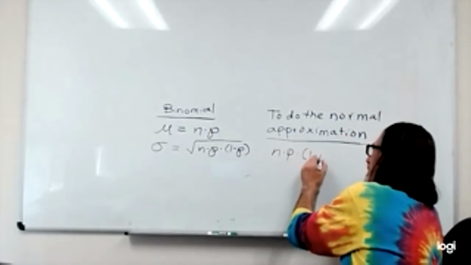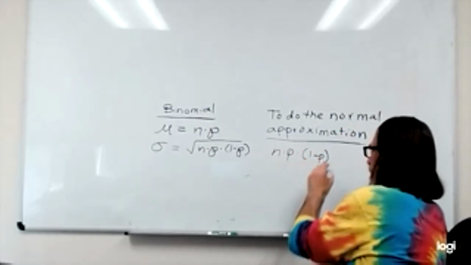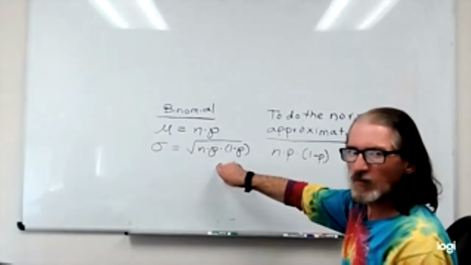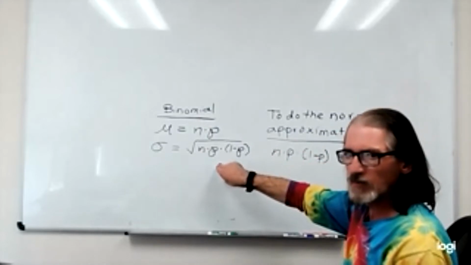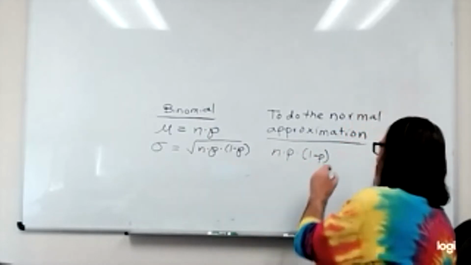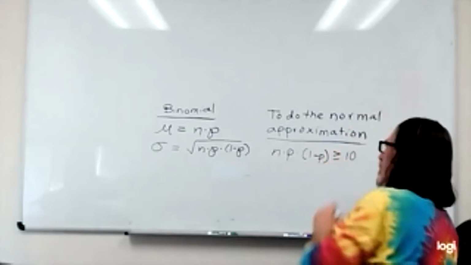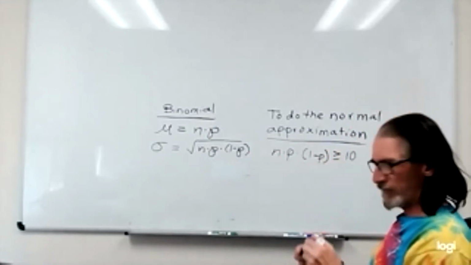We need the variance. What you get just before you take the square root here to get the standard deviation, the variance has to be greater than or equal to 10.